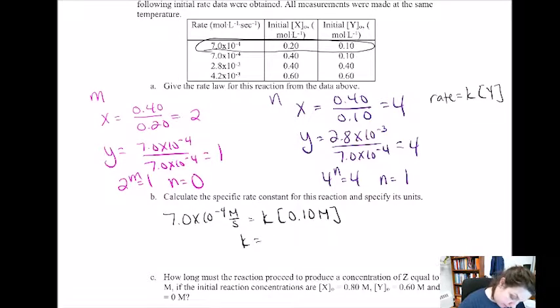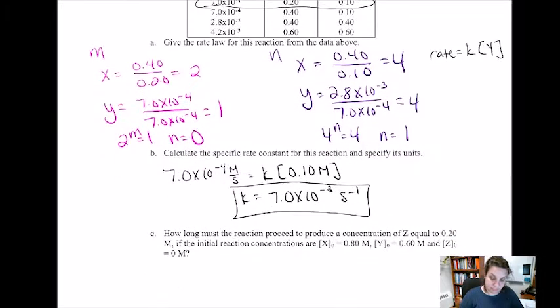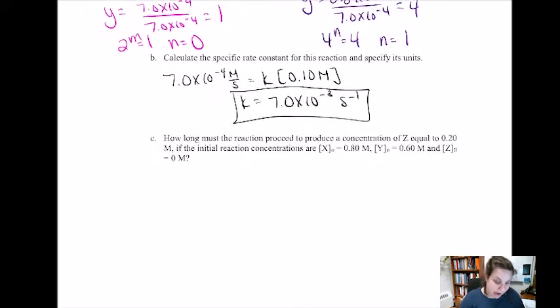We get a value of 7.0 times 10 to the negative 3, a unit of seconds to the negative 1, because we have a first order process. Now it asks, how long must the reaction proceed to produce a concentration of Z equal to 0.20 molar if the initial concentrations are as such?